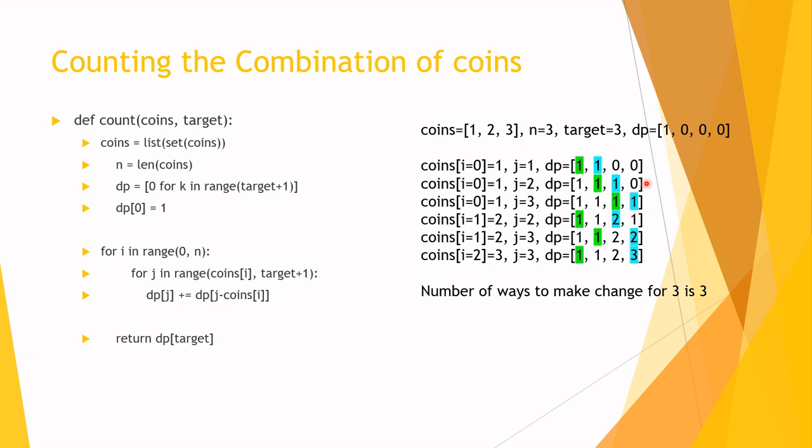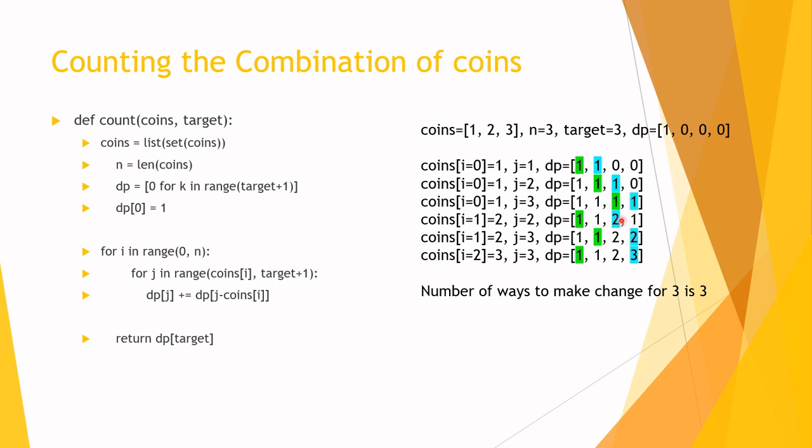So 1 plus 0 is 1. And here we have the next loop when coin 2 is taken. We have i equals 1, j runs from 2 to 3, and we have dp of 2: 1 plus 1 is 2.